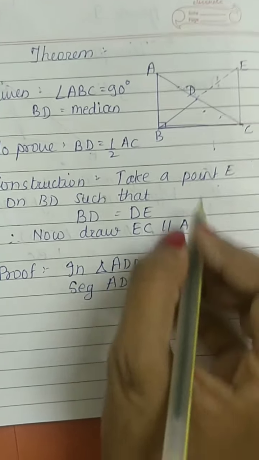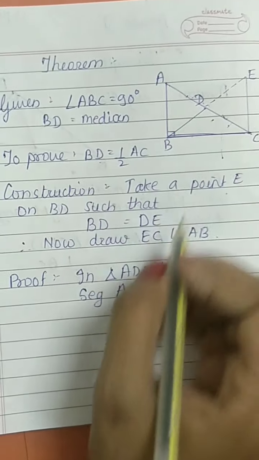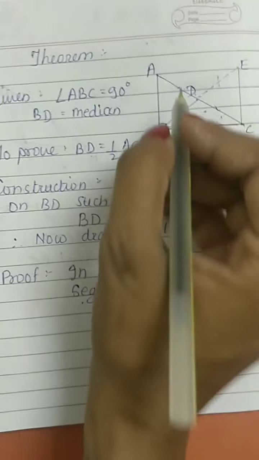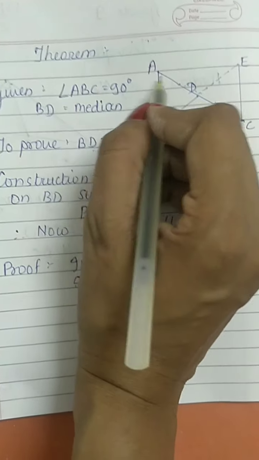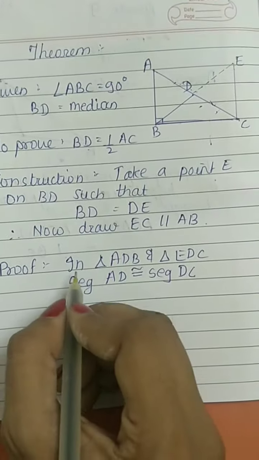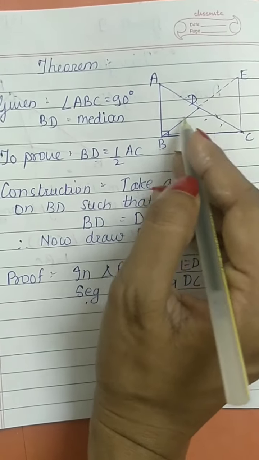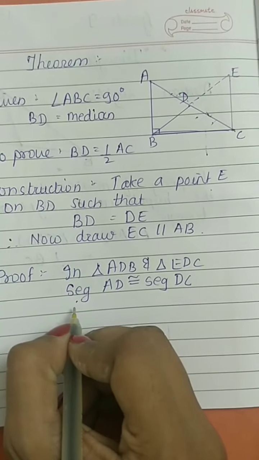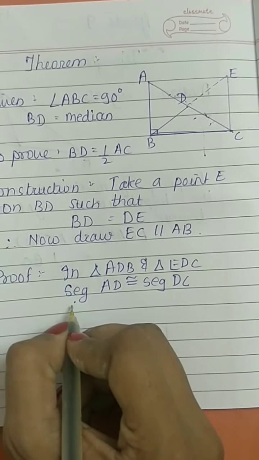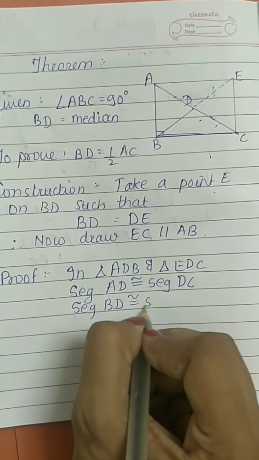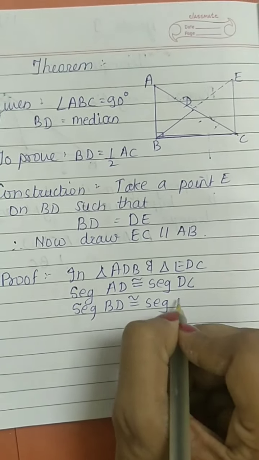Why? Because the median divides this into two equal parts, right? As D is the midpoint of this AC, these two are equal. And what about this? These two are also congruent, because from the construction we have drawn this such that segment BD is congruent to segment DE.